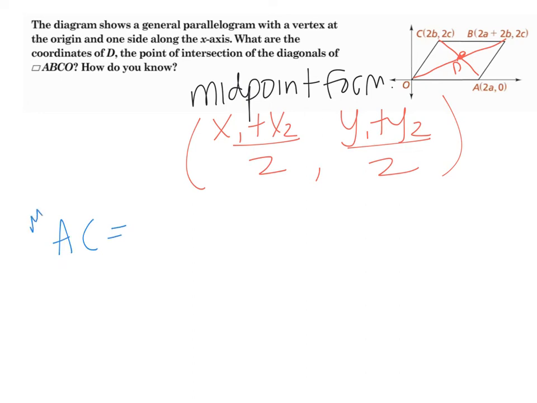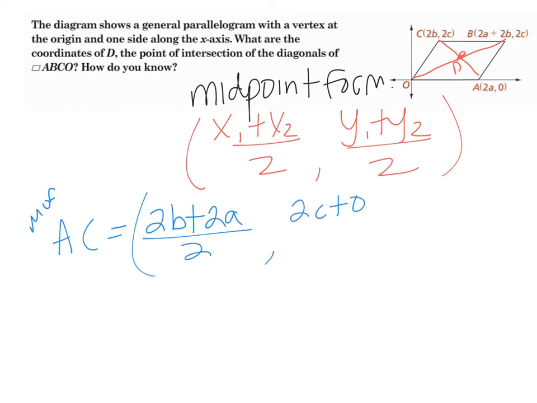So in this case, if I'm going to do AC, let me do the midpoint. x1 is going to be 2b plus x2, which is 2a, over 2, and then y1, 2c plus 0 over 2. Now, this is an algebra concept. We need to go ahead and simplify. So when we're simplifying, we have to think of what's in common on the top, what's in common on the bottom that can reduce.